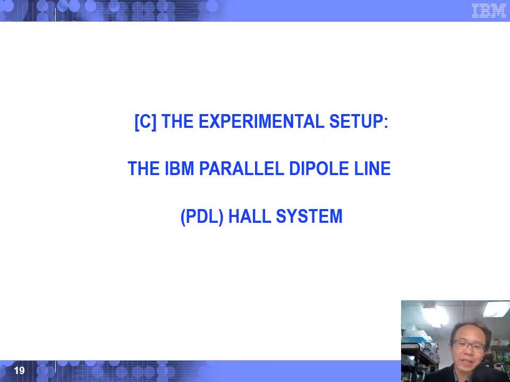And now the new theory itself, unfortunately, is not enough. You also need to have the right experimental setup to perform the experiment, which led us to the tool that we use called the IBM parallel dipole line Hall system.